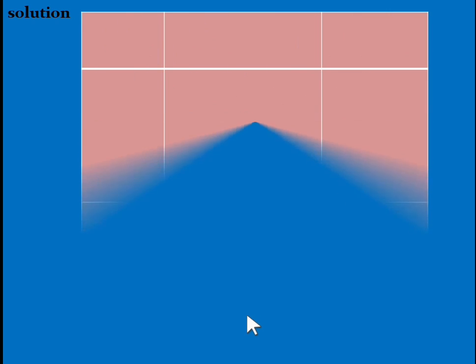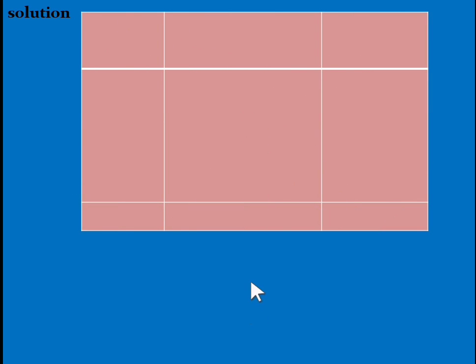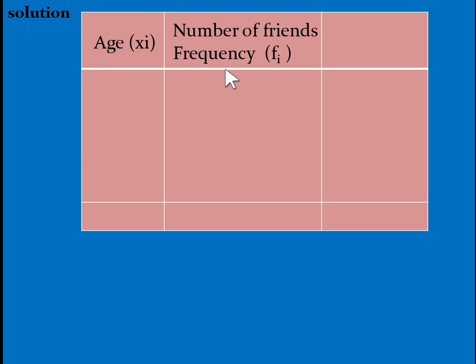Solution: we have to make a table. Age denoted by xi, variables, number of friends, frequency by fi, and in this table we have to find the product of xi fi.